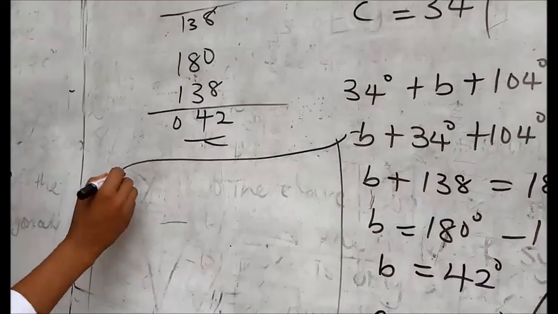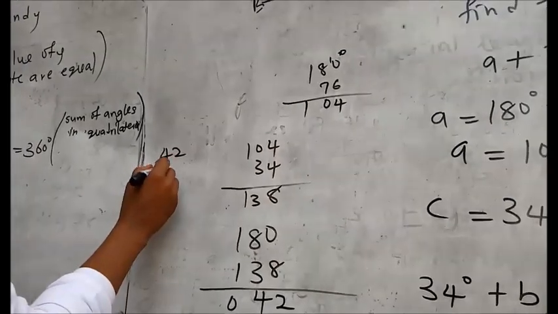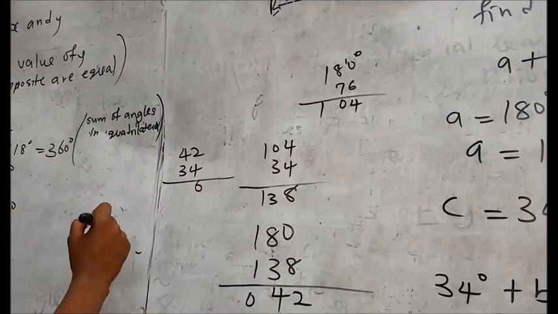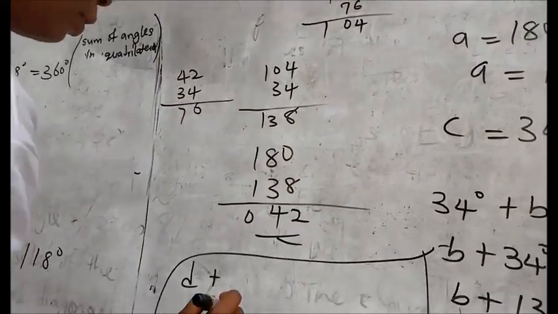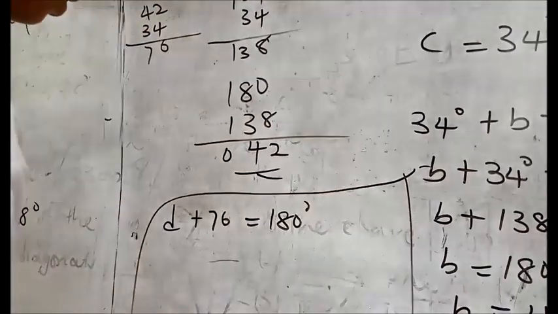I'll have D plus 42 plus 34. This plus this is 76. 76 equals 180 degrees.